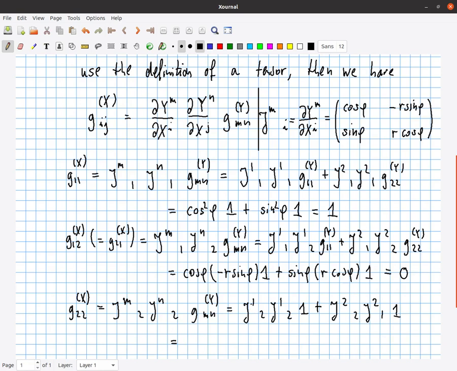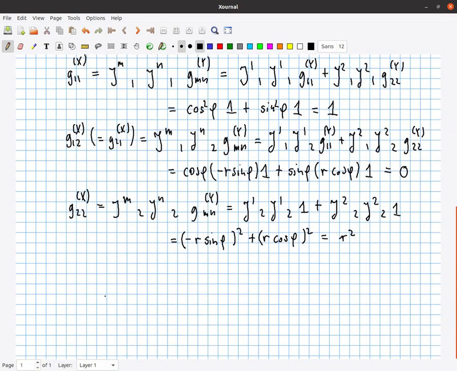And let's put this together. So J12 is minus r sine phi, but the term comes again. So this is squared plus J22 is r cos phi, and this is a 2 here, of course. Yeah, comes also squared. And so we end up with r squared sine squared plus r squared cos squared, which is r squared.